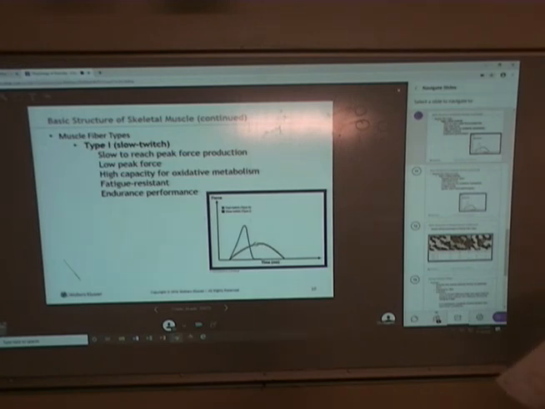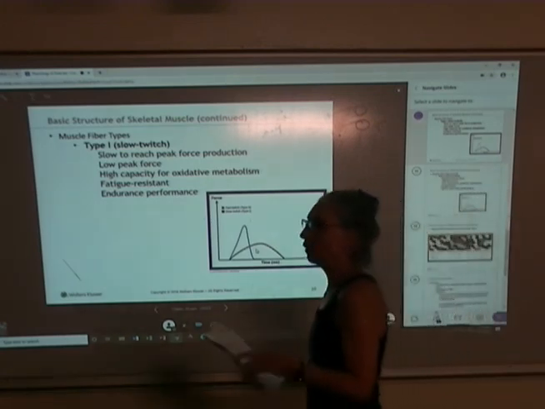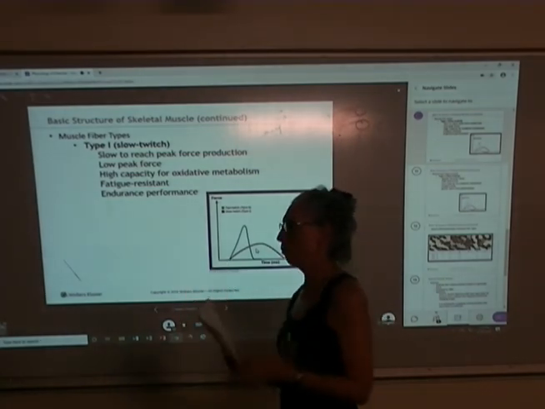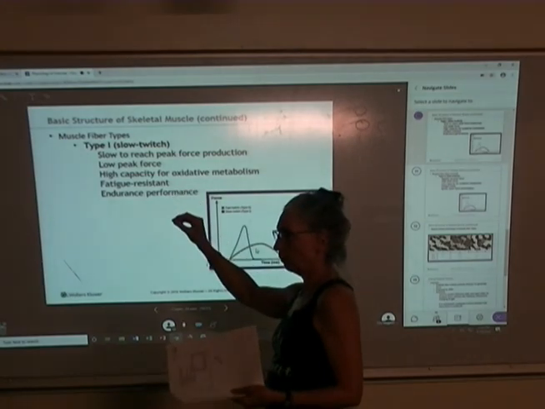because that picture tends to go, well then why do we want them? Right? They are really, really good at using oxygen to make ATP. Okay, so our third energy system works very, very well in type 1 fibers.